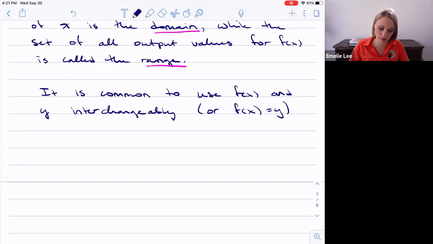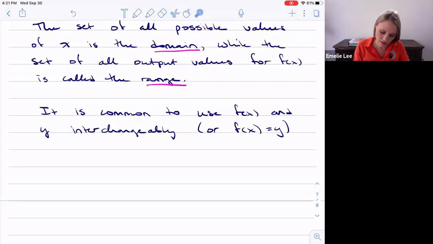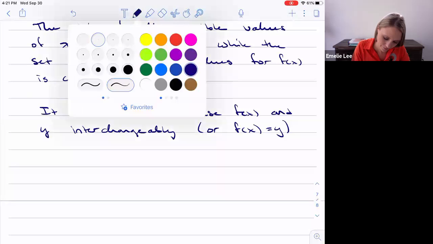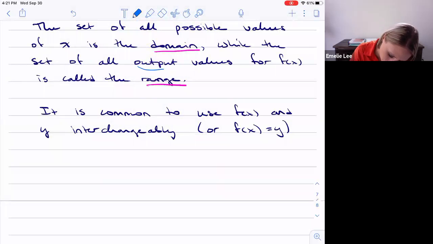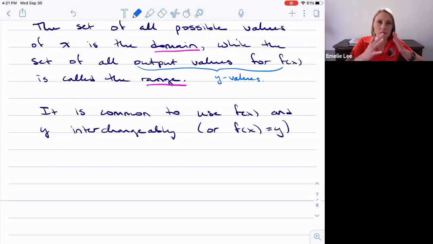Because when we're talking about the output values, really what we're talking about is all the possible y values. Domain, range.